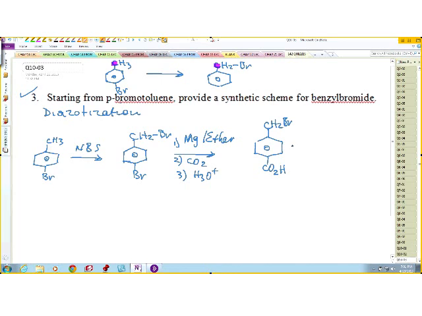Thionyl chloride again. Now what do you want to do eventually? You want to form a primary amide and then? Okay, say thionyl chloride. That gives us this.